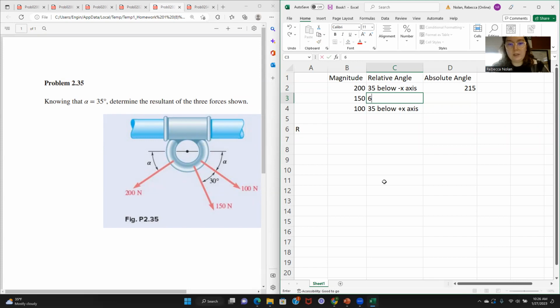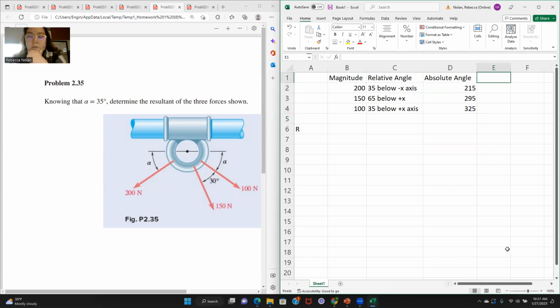So this one's going to be 65 degrees below the positive x. So for this one, let's do 360 minus 65, and 360 minus 35. Does this make sense the way I did it?